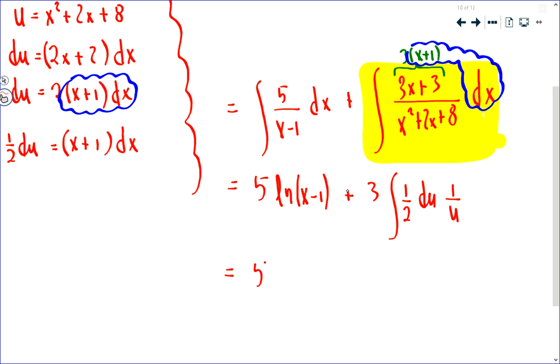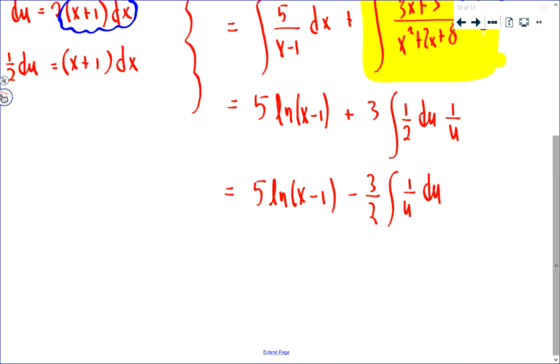We have 5 ln of x minus 1 minus 3/2 times the integral of 1/u du. I can factor that 1/2 out. Going one more step, we have 5 multiplied by the natural logarithm of x minus 1 minus 3/2.